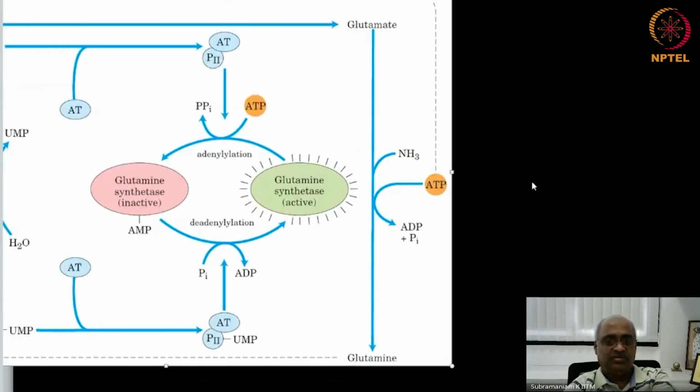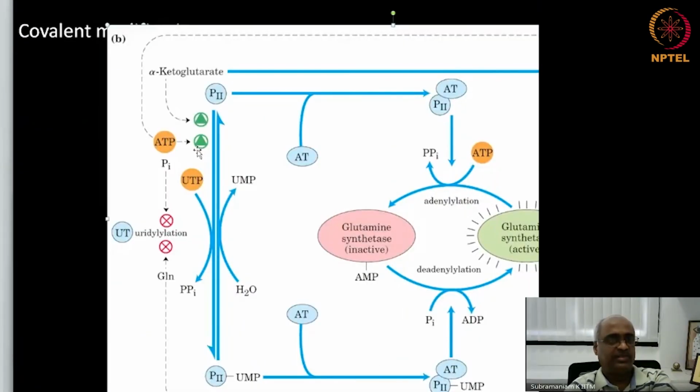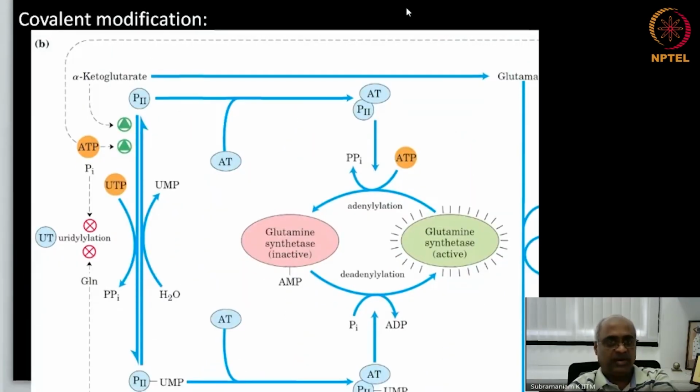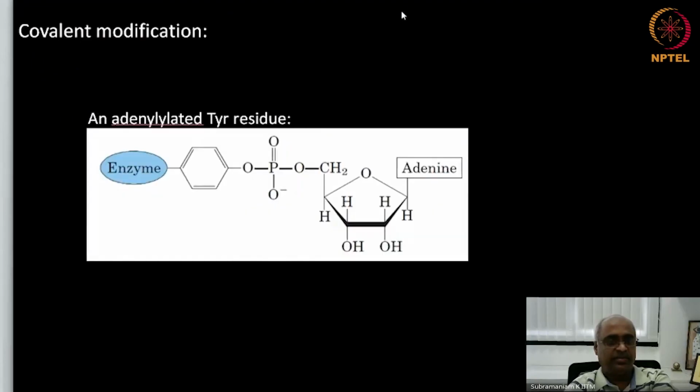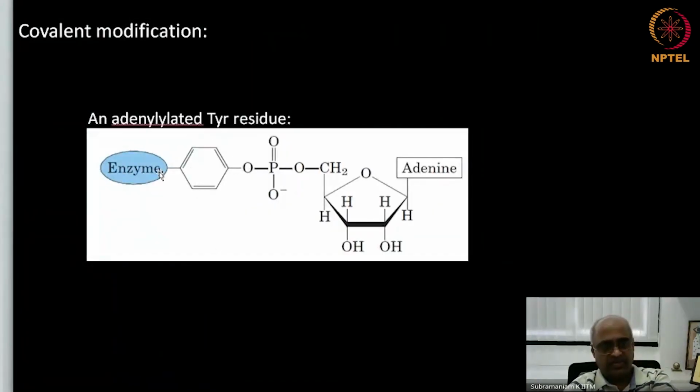So this is not immediately relevant for us, but the ATP is what finally goes and activates here. Now the modification group is shown in this slide. So this is the enzyme's tyrosine residue. In the enzyme, one of the amino acids has a side chain being tyrosine, which is the hydroxybenzoyl group.